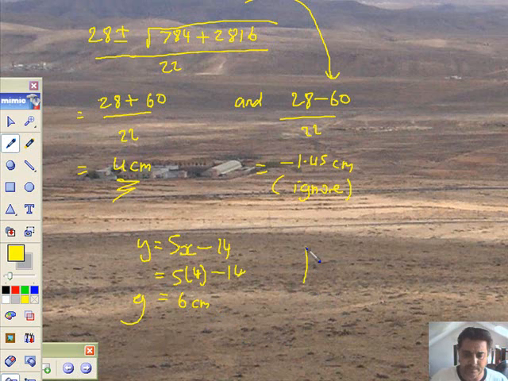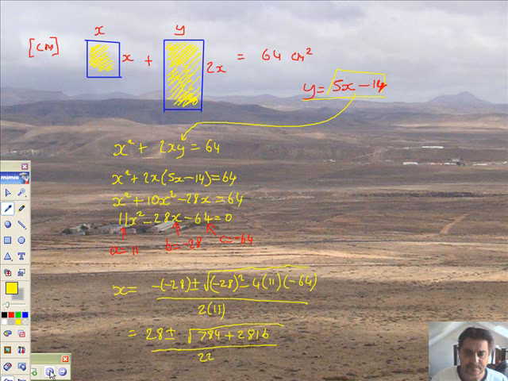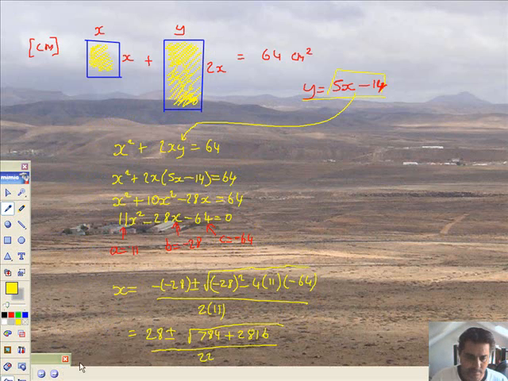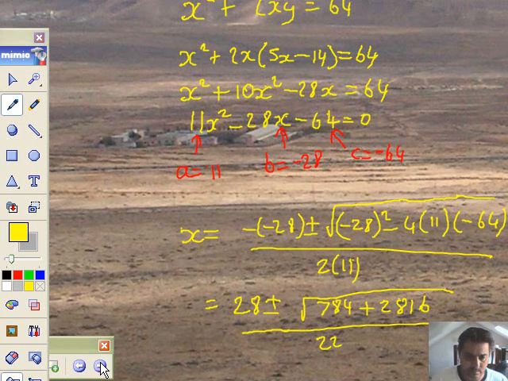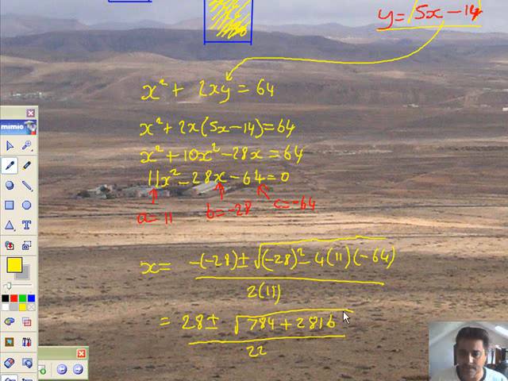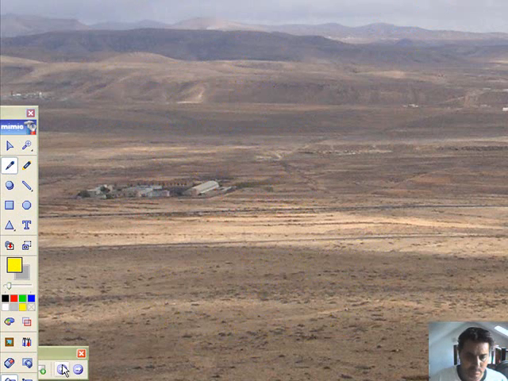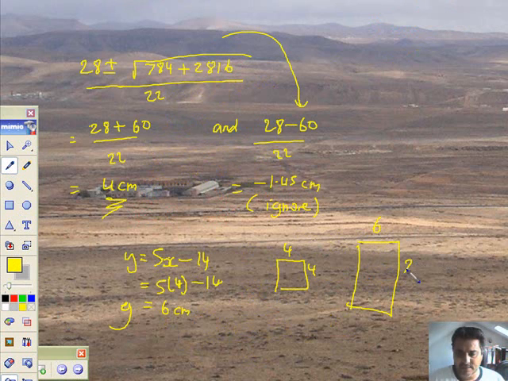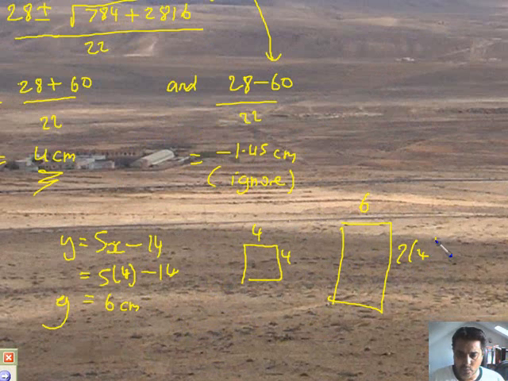I've got the square, which is going to be 4 by 4, and the rectangle, which is going to be... y is 6, isn't it? Just check. Yeah, y is 6, and the length will be 2 lots of 4, so that's 2x, which is going to be 8.